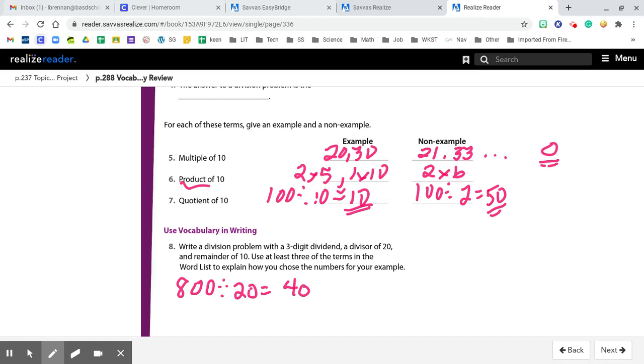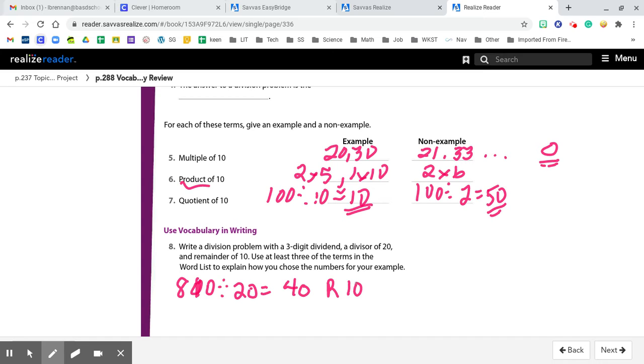But that's a 3-digit dividend with divisor of 20, but we want a remainder of 10. So how about 810 divided by 20, be 40, remainder of 10.